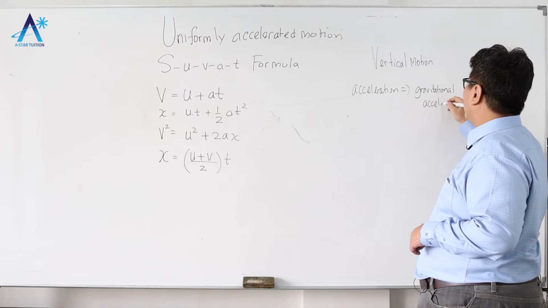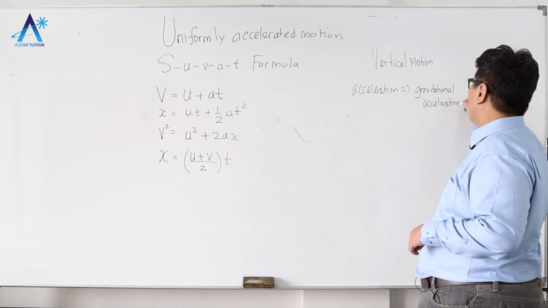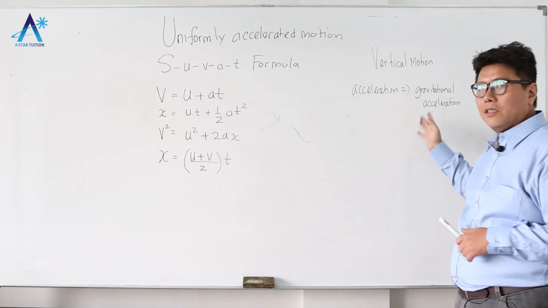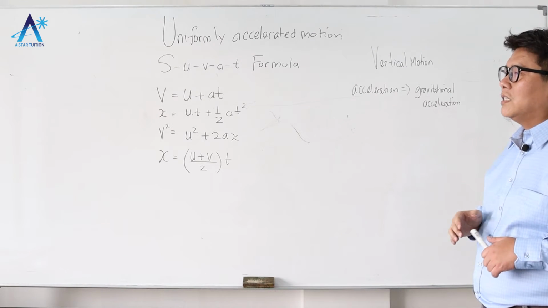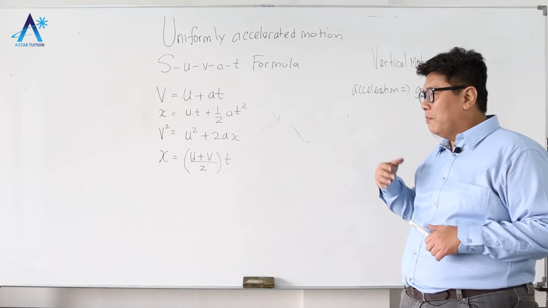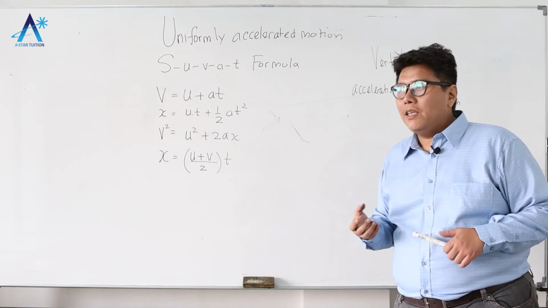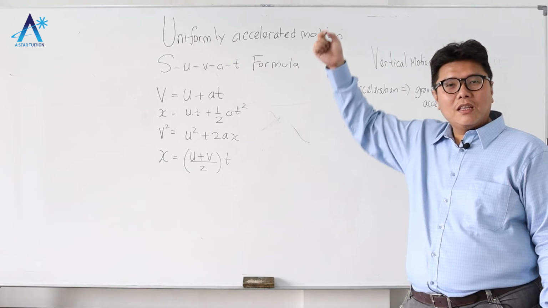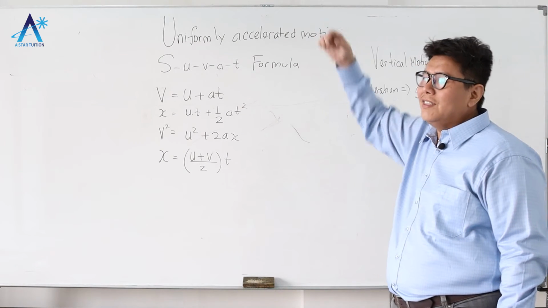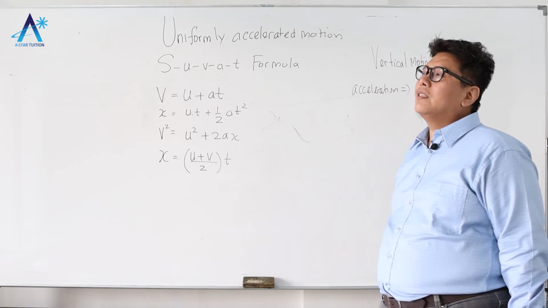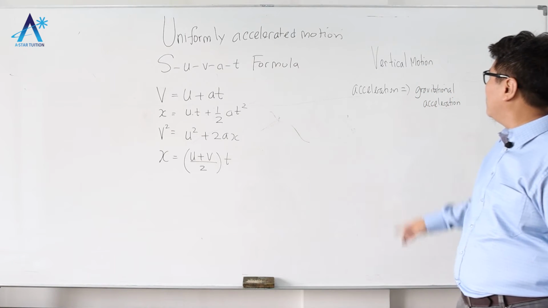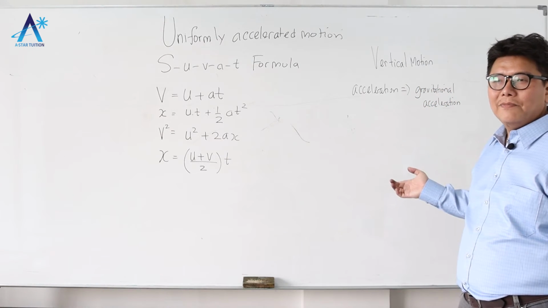Now later when we talk about gravitational law, we will actually discuss further. But for now, suffice it to say that by everyday experience, you see that when an object drops from a certain vertical position, the speed will increase, and the increase of the speed is due to gravitational acceleration.